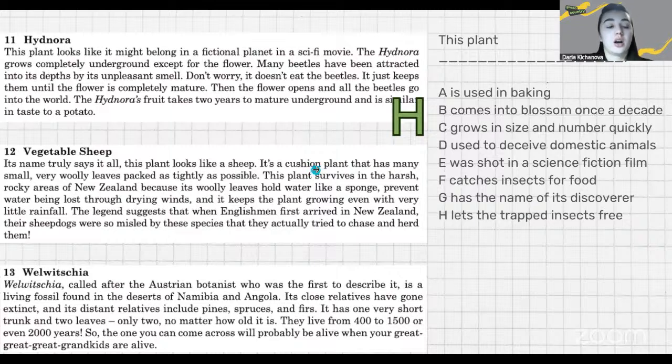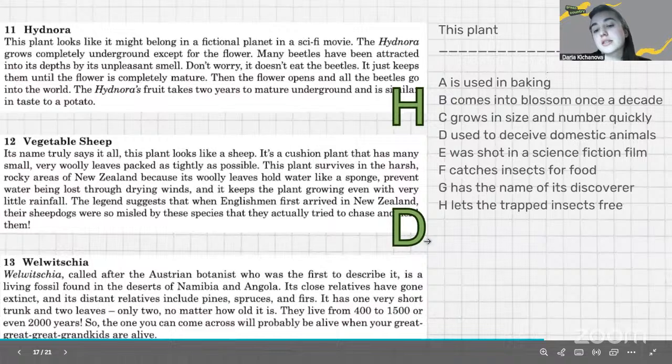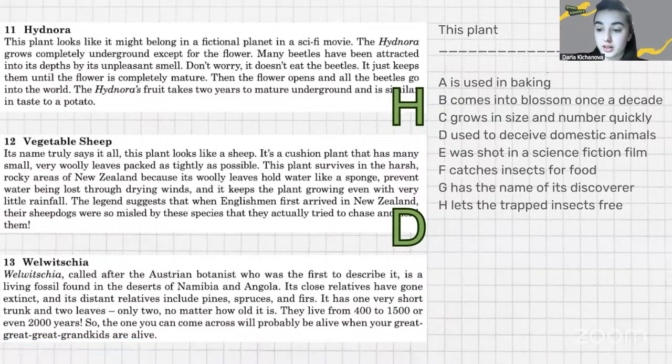Okay. What about the 12th text? Vegetable sheep. I can see already the answer D. Okay. I will wait. Okay. So we are going to check, and this is D. I can see you have some correct answers here.